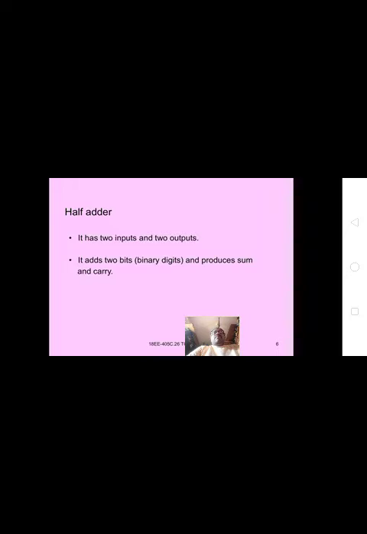Now we will learn about the half adder. It has two inputs and two outputs. It adds 2 bits. Bits are nothing but the binary digits, and it produces 2 outputs, that is sum and carry. The inputs may be 0 and 1, that is binary digits.